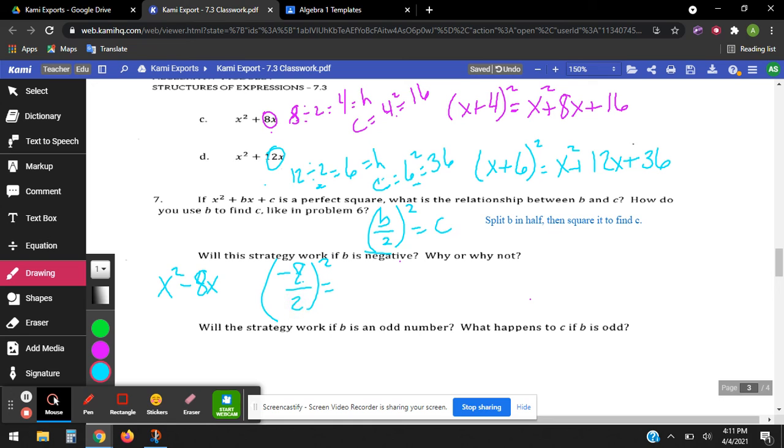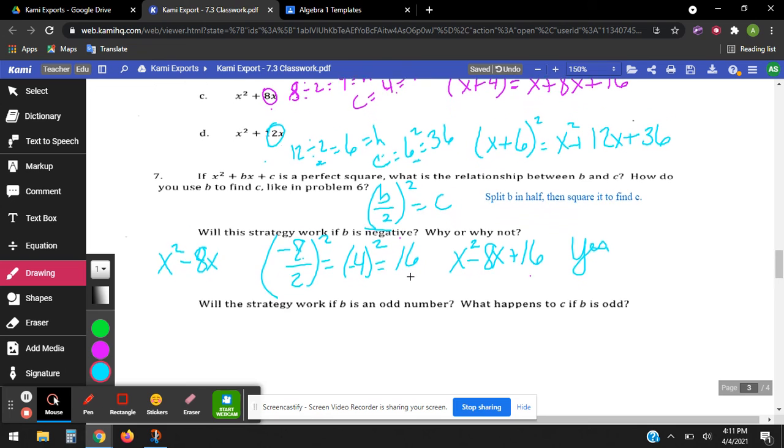Well, negative 8 divided by 2 is negative 4. So negative 4 squared is 16. So that means when we complete it, minus 8x plus 16. So yes, b being negative doesn't make any difference, right? Because when we square it, we still end up with a positive number.